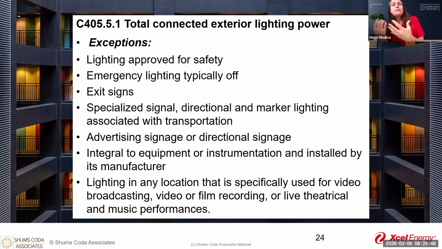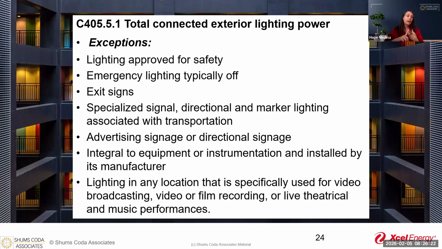I think the big ones that really need to be thought of, because I have seen where they get included in it, is the lighting that's provided for safety. To me, that is, at the hospital entrance, that light is always on, right? And so that probably would not need to be included in it, because that is something we want to ensure it is always there. Exit signs.